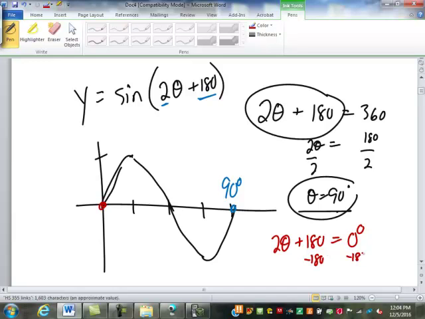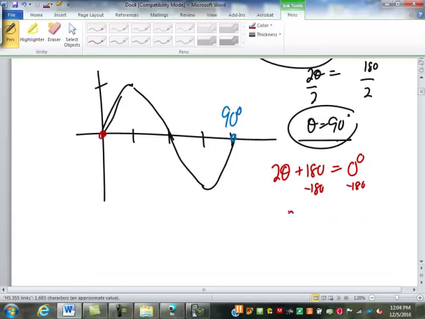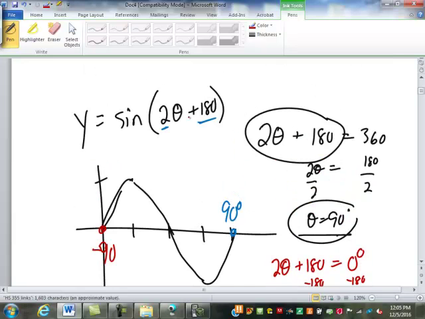So I'm going to subtract 180. So 2 theta equals negative 180. Divide by 2, theta equals negative 90. So this is starting out at negative 90 degrees. So yes, you can see a full cycle is only 180 degrees, but it affects the shift. It doesn't shift the full 180 degrees because this is 2 theta. You can see it only shifted 90 degrees.